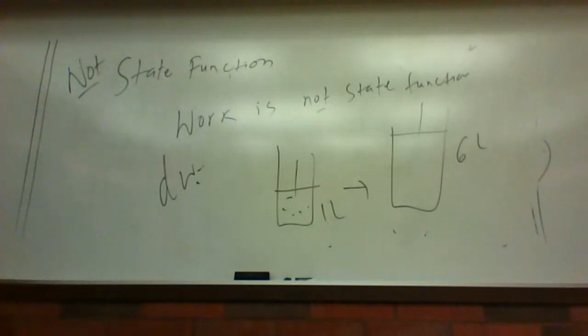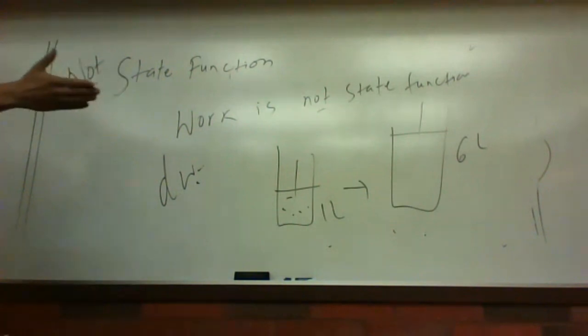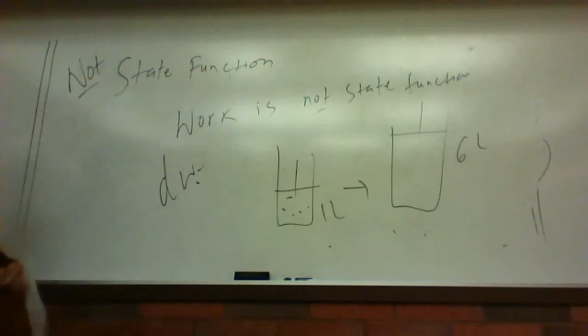But if I run very fast, what happens? My body burns too much fat, right? So I lose a different amount of heat. If I go from here to there, I don't burn that much energy, right? But if I run from there to here to there very fast, I burn a lot of energy, right?